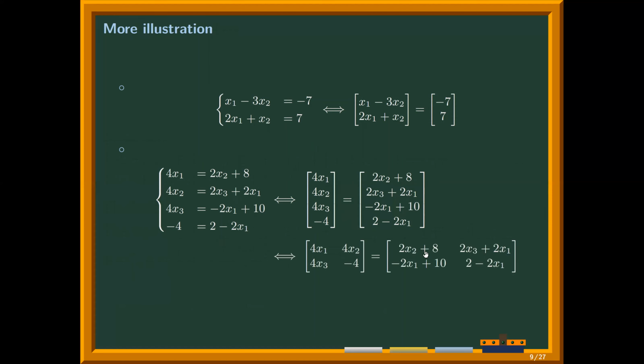We can also view it as an equality of 2 2 by 2 matrices, depending on how we position these entries. This example tells us that there are various ways of writing a system of equations as a matrix equality.